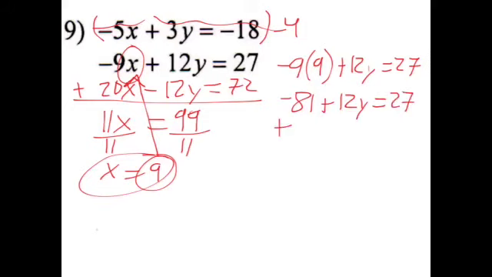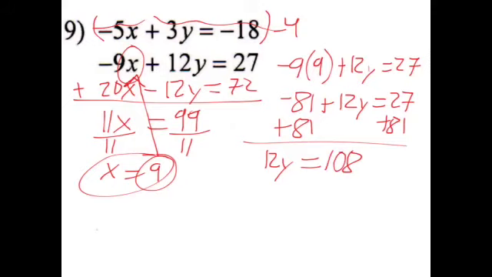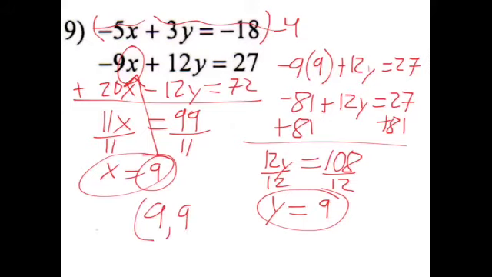I want to get rid of that negative 81. I want to get my y by itself, so I'm going to add 81 to both sides. That'll give me 12y equaling, see right there, we're going to have 108. And then divide both sides by that number that's in front of y, which is 12, and get y equals 9. So x is 9, y is 9, I get the point 9, 9 for 9.